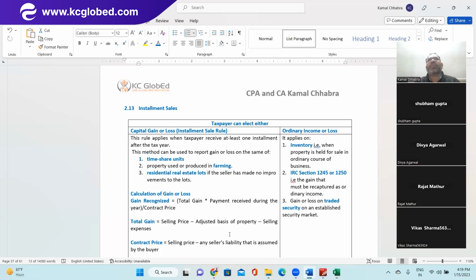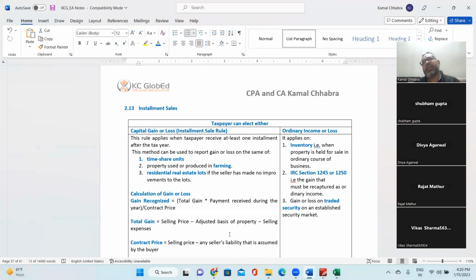Let's say you have some machinery or a car, and you give it to a third party on an installment sale. In that scenario, you can calculate that sale on a capital gain basis rather than as your ordinary source of income.